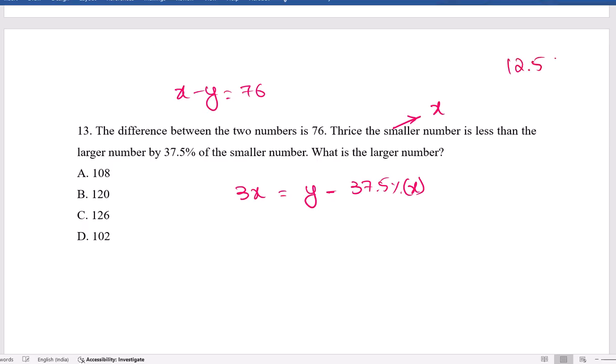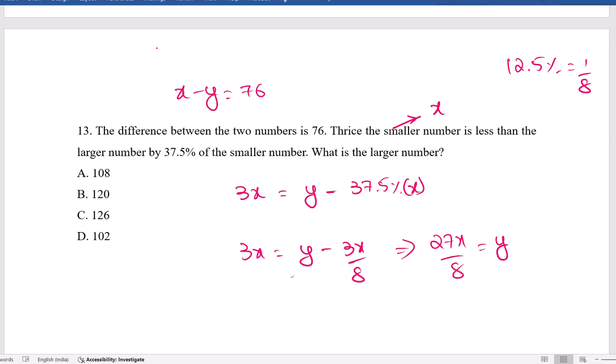See, 12.5% is 1 by 8. 37.5% is 3 by 8. So minus 3x divided by 8. Okay. Now you want to calculate y value in fact. So this 3x will come to this side, which is 3x plus 3x divided by 8. 27x divided by 8 is y.